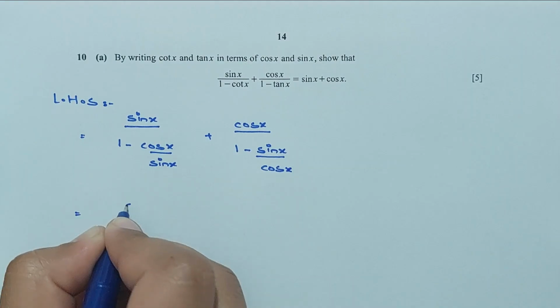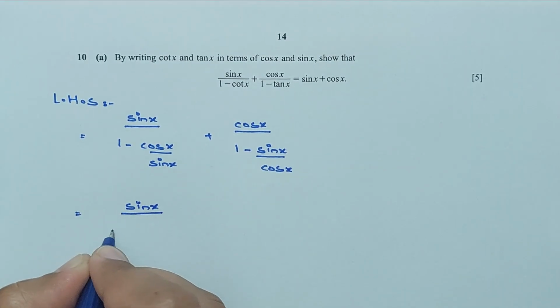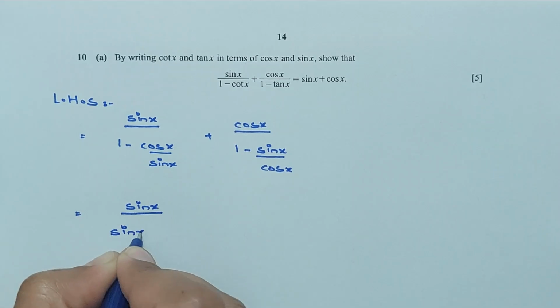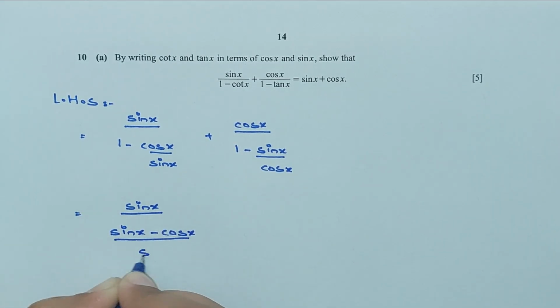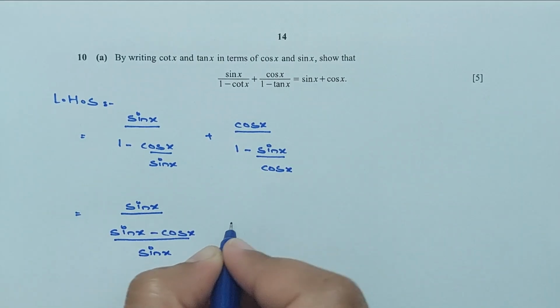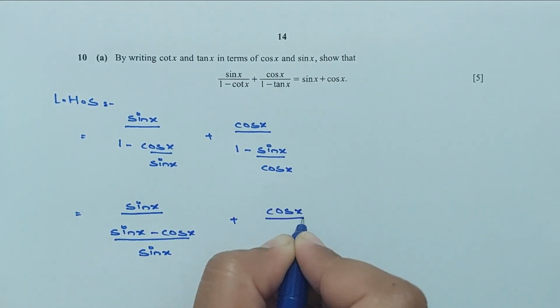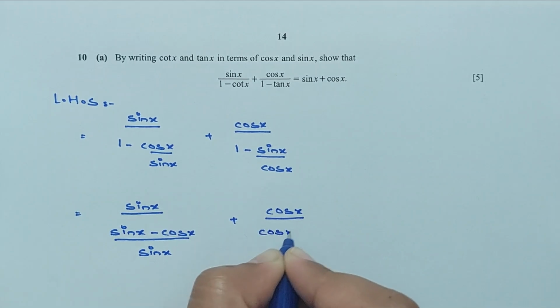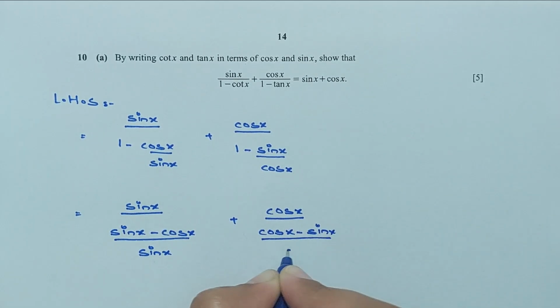So now sin x is as it is, taking LCM, sin x minus cos x over sin x, and plus cos x is as it is over cos x minus sin x over cos x, right?